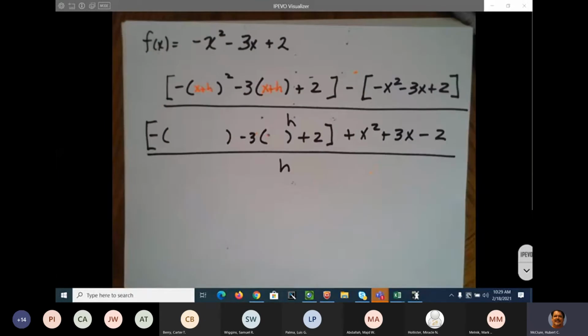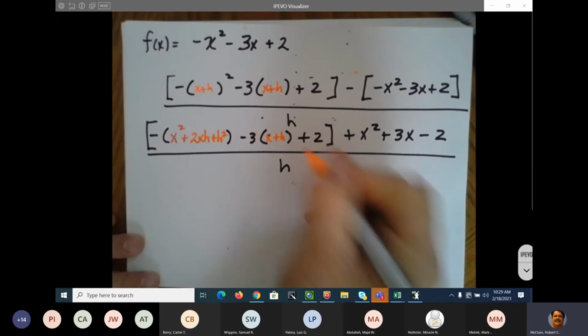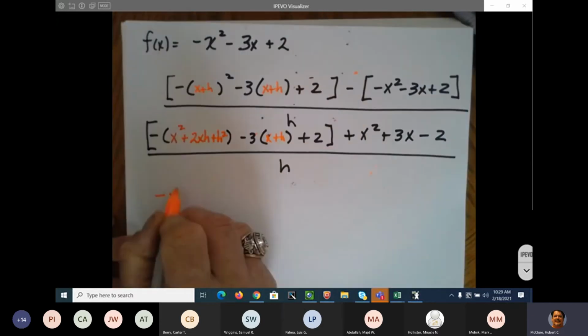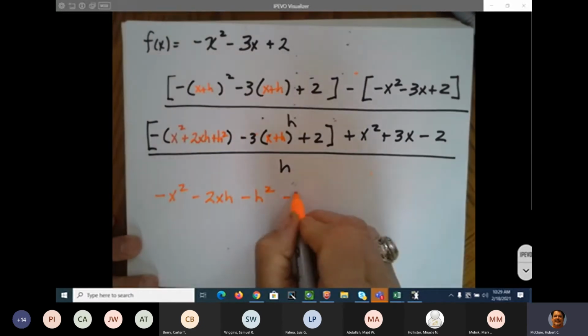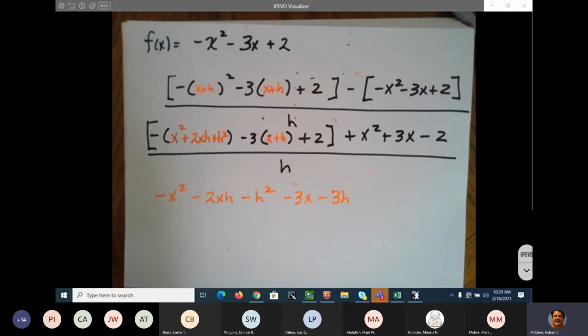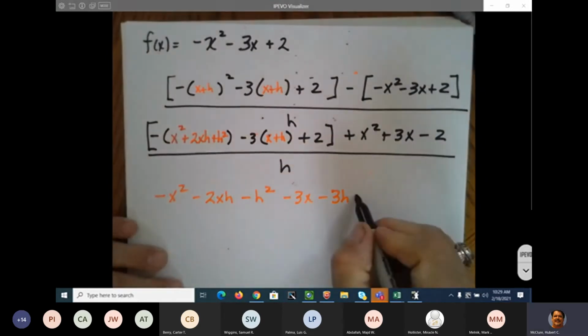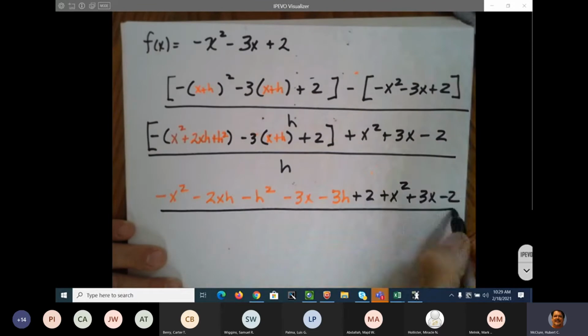Shortcut number 1 gives us x squared plus 2xh plus h squared. And then I'm going to distribute that negative 3 in this negative. So that's going to give me negative x squared minus 2xh minus h squared minus 3x minus 3h plus 2, plus x squared plus 3x minus 2, all over h.